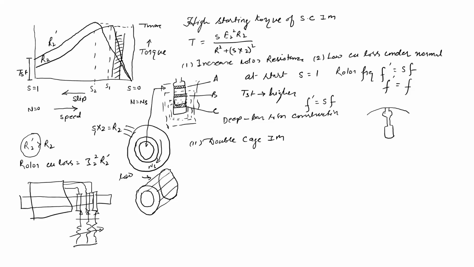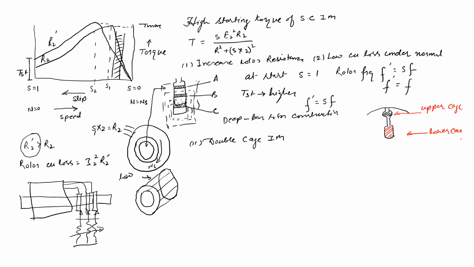So this is called the upper bar, and the second is the lower bar. This is the upper cage, and this is the lower cage. They are connected with each other, so they remain in parallel.